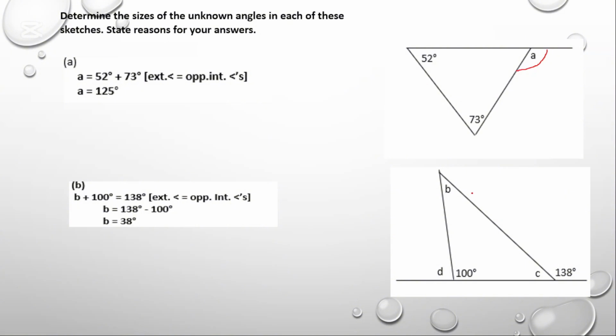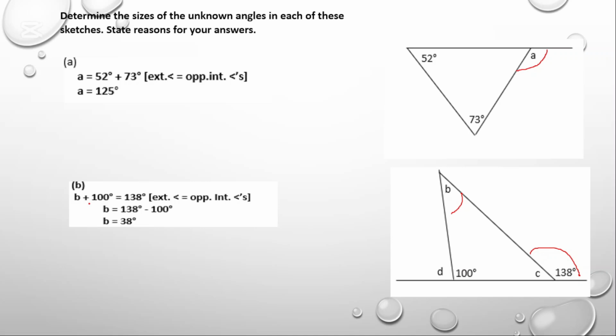We have 1, 2, 3 unknowns, and the best way to start is with B. Why? Because we know B plus 100 is equal to the exterior angle. This exterior angle is equal to the sum of B and 100. Exterior angle is equal to the sum of the opposite interior angles.